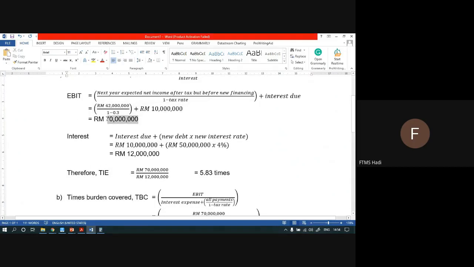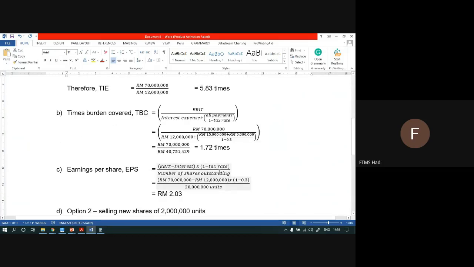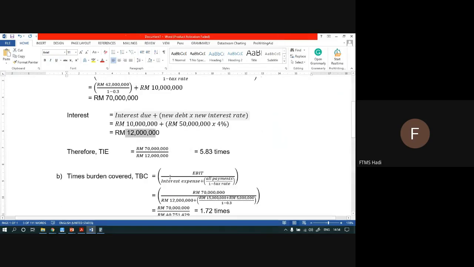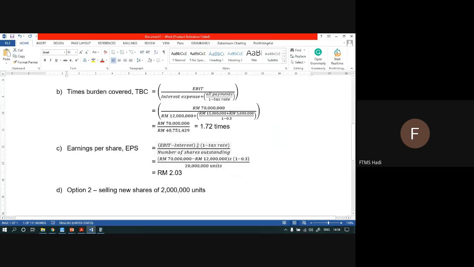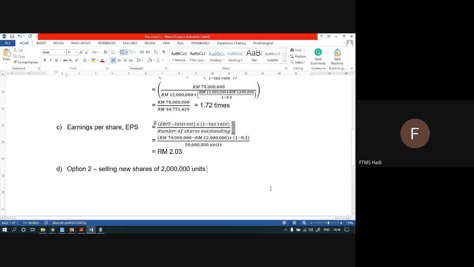You see 70 million here, and 12 million, this one also 12 million. So you just transfer the information down there. Let me proceed first, and later on we will sort out some of the issues.